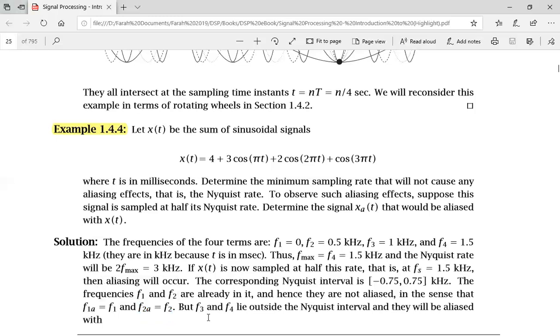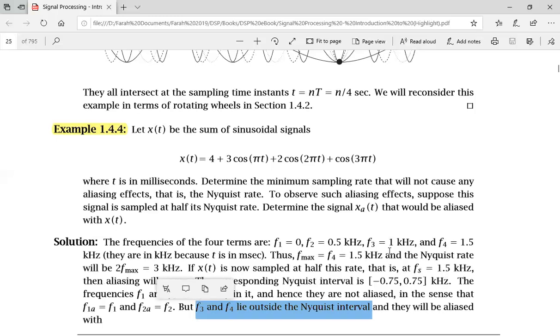However, f3 and f4 are lying outside the Nyquist interval. Why are they lying outside? Because the Nyquist interval is minus 0.75 to 0.75, and f3 is 1 kilohertz. For 1 kilohertz, at least your sampling frequency should be 2 kilohertz. But you are undersampling at 1.5, so it would be aliased.